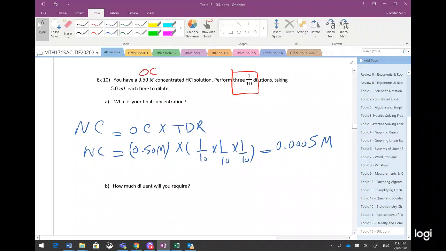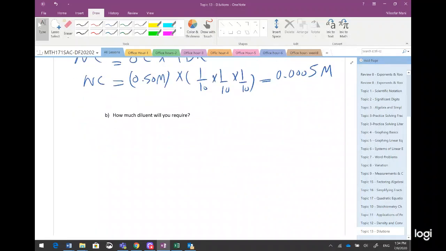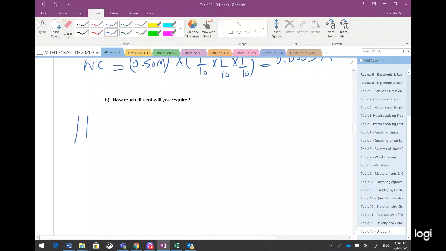This part is for B, and this part is for A. For part B, I know I did 1 over 10, but I'm not sure how I did it. But it says 5 milliliters every time.